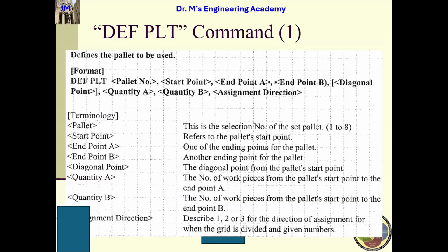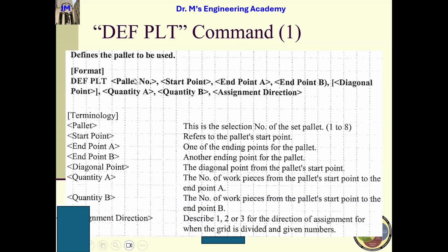However, you need to teach what the palette is and how you want to move from palette 1 to palette 2. So first, in order to define a palette, you need to have these arguments. Last time I told you, this is the format: def is a keyword, and palette is a keyword, and the palette number, because usually we will handle multiple palettes, so you need to specify which is which.